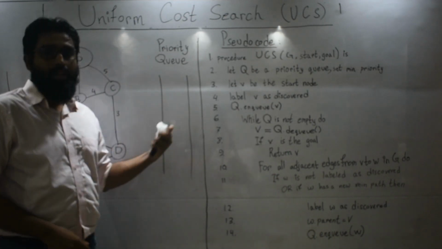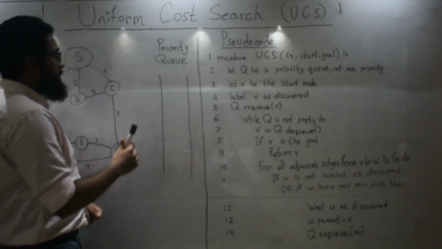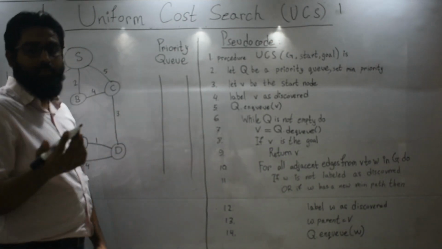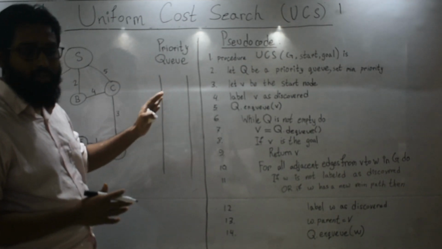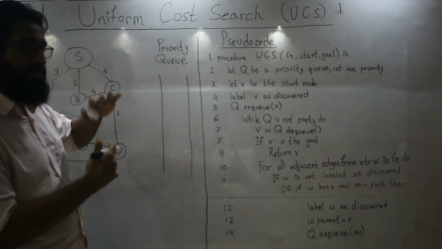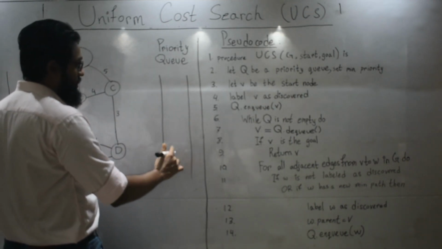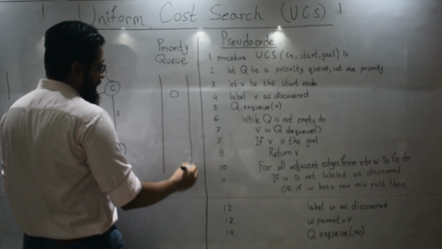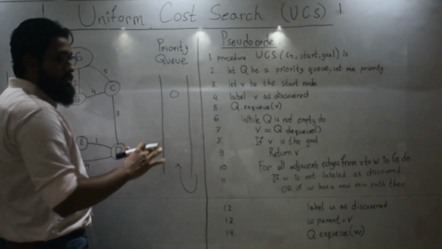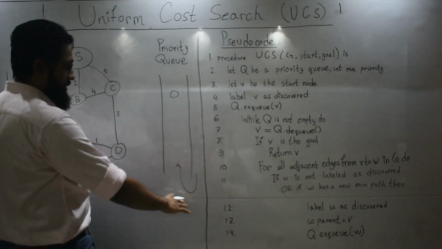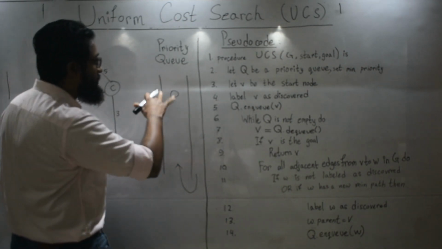So what is a priority queue? If you have seen my earlier video, it's very similar to a queue, but I will explain it from the top. Okay, a priority queue is such a thing where if you insert objects, and this insertion method is known as enqueue, then it will be in your queue.